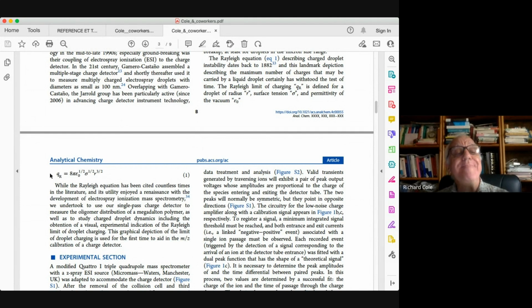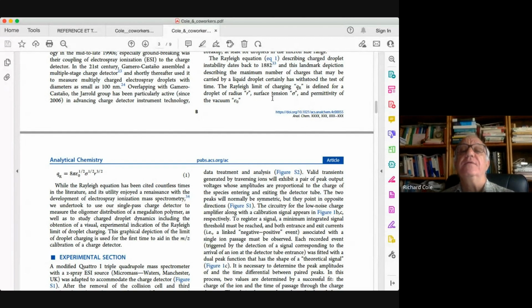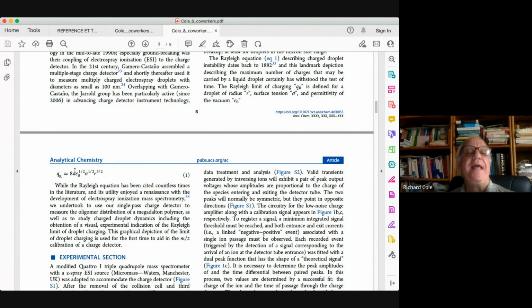It says that the maximum number of charges that you can get on a droplet is going to be proportional to the radius raised to the 3/2. Our sigma value is surface tension. We have the permittivity of the vacuum, that's our epsilon naught, and constant 8 pi.